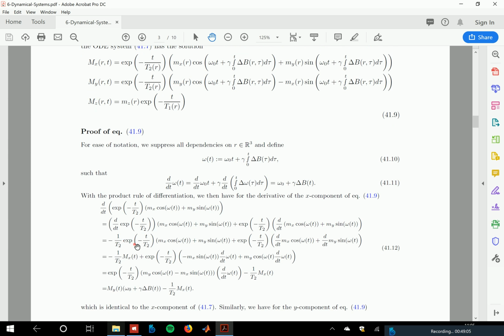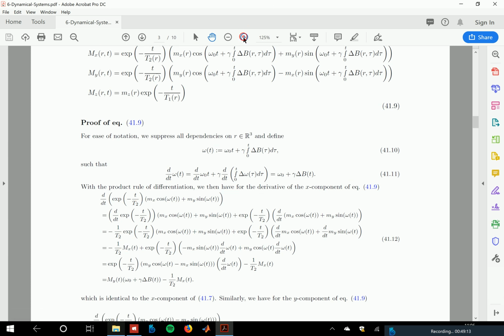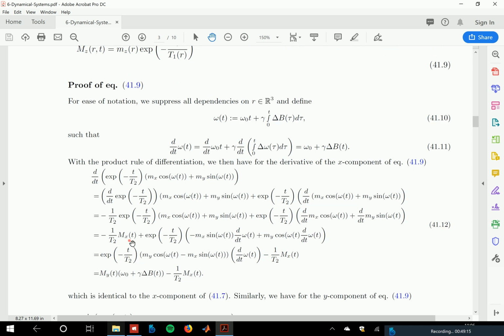Now we found this again, but with a factor minus 1 over t2 in front of it. So this long thing here, minus 1 over t2 x minus t2 mx cos omega t, this is where we actually started out: our solution with a factor minus 1 over t2 in front of it.